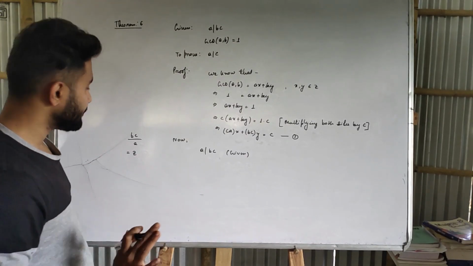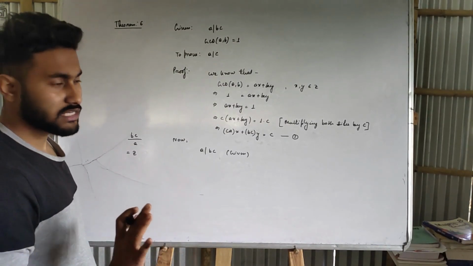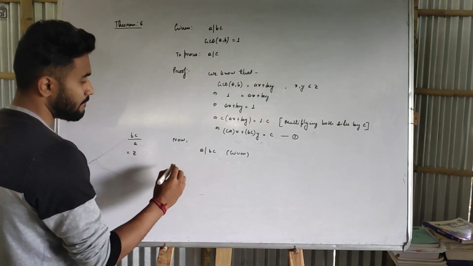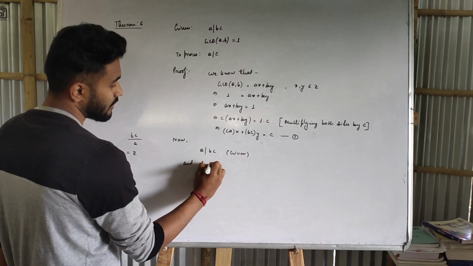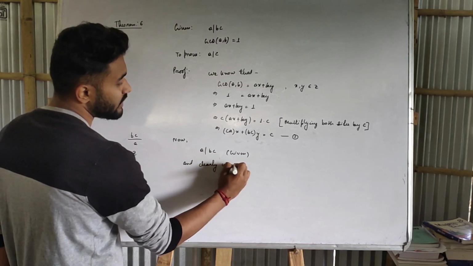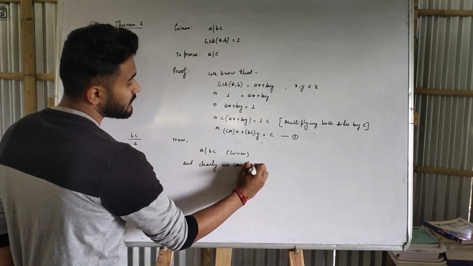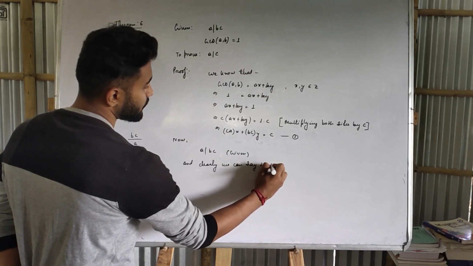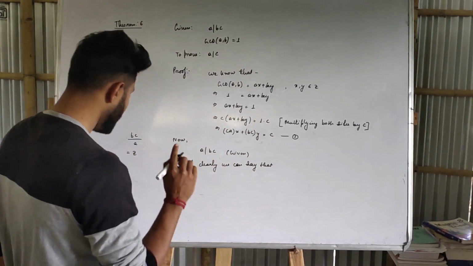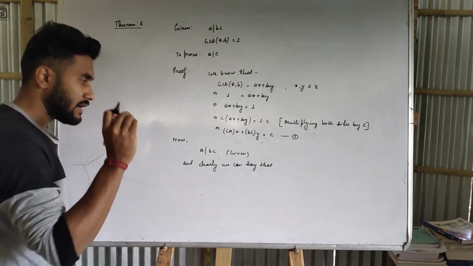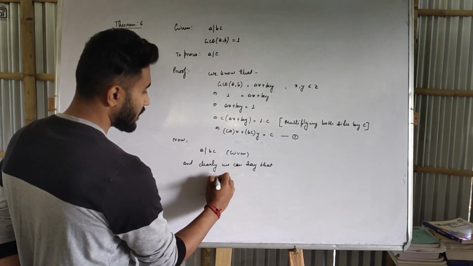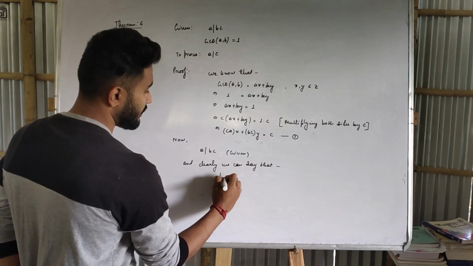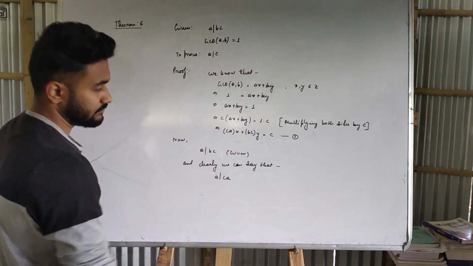It is given in the question, okay? So let us accept that it divides. But clearly, this is not given in the question, but we can say 100% that A must divide CA.